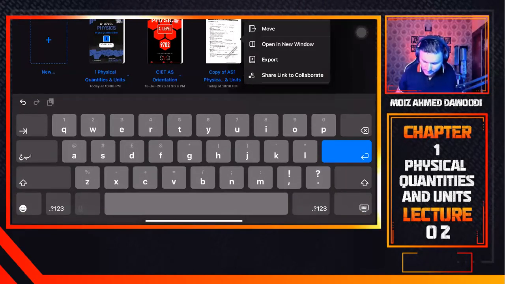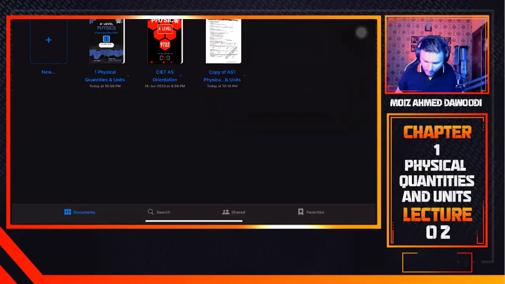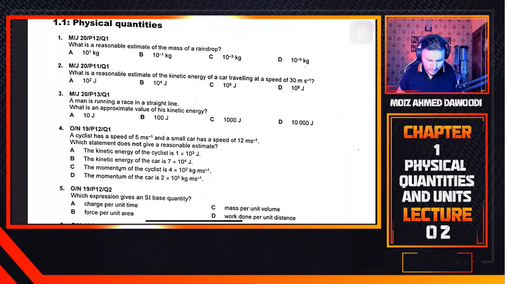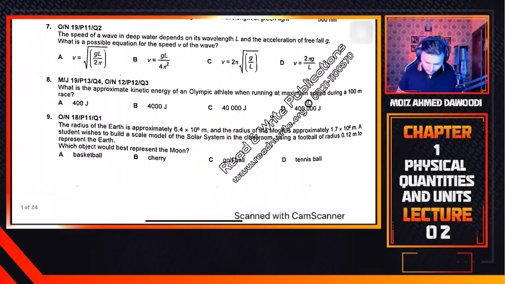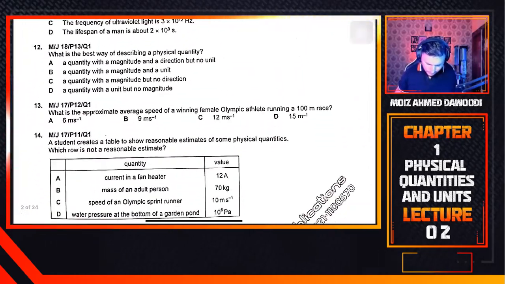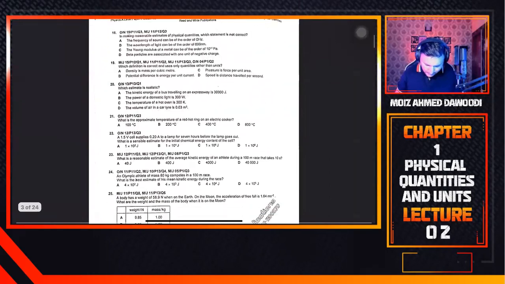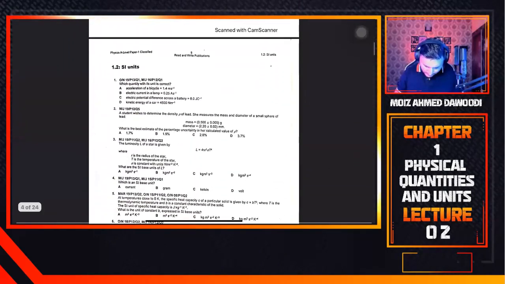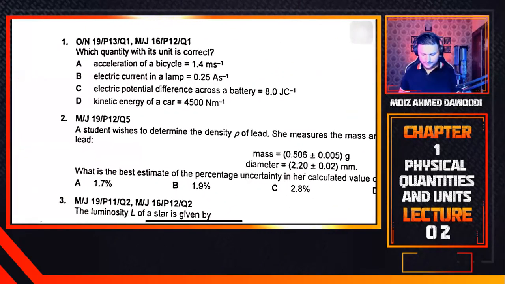So this is paper 1 of physical quantities. This is for reasonable estimates and we need to talk about SI units. Which quantity with its unit is correct?